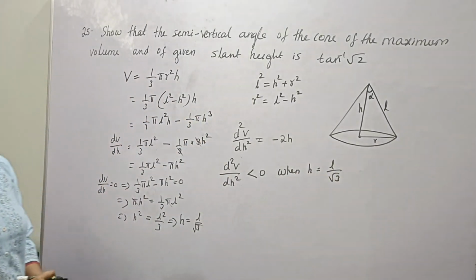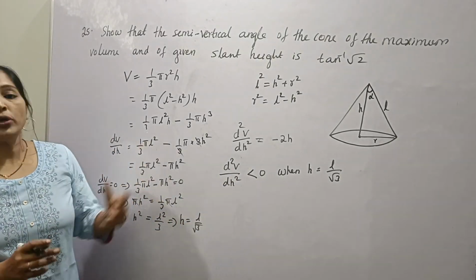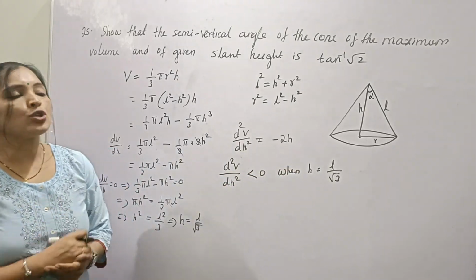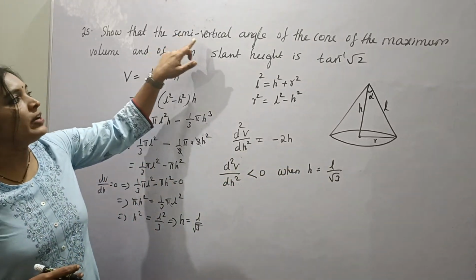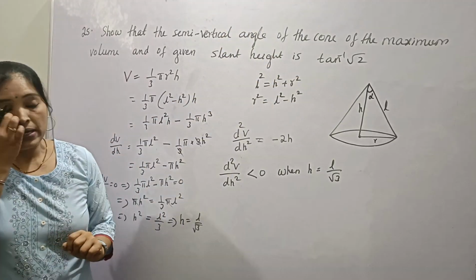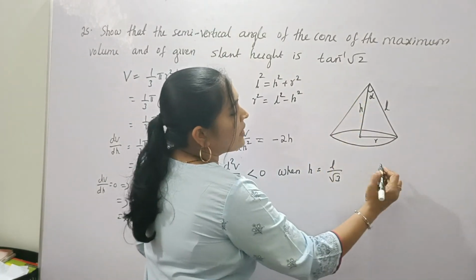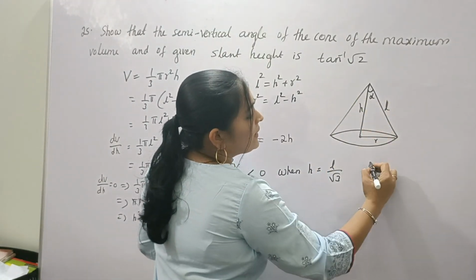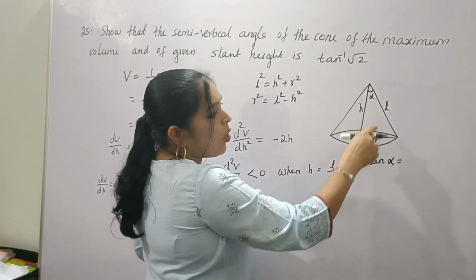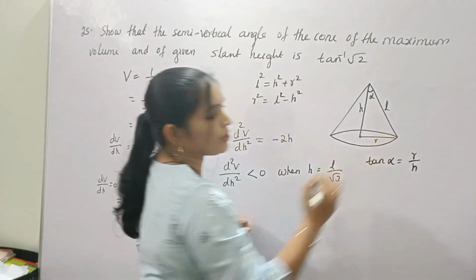So after that, we have proved the volume of the cone is maximum when h is equal to L by root 3. See what we have to prove? We have to prove the semi-vertical angle of the cone is equal to tan inverse root 2. See here, what is the semi-vertical angle? This alpha, right? From this figure we can write tan alpha is equal to opposite divided by adjacent, that is r divided by h.